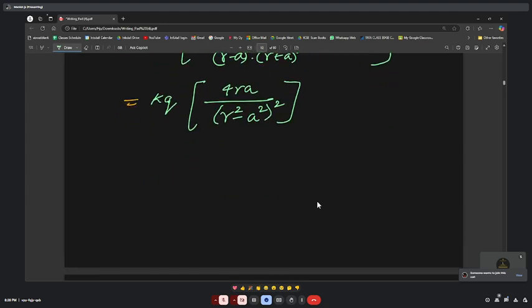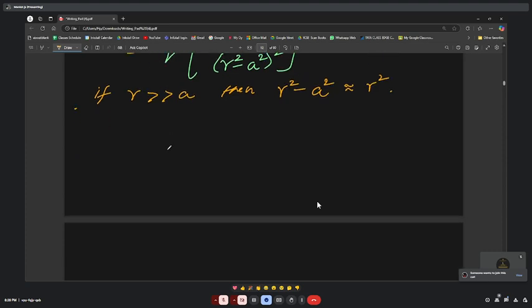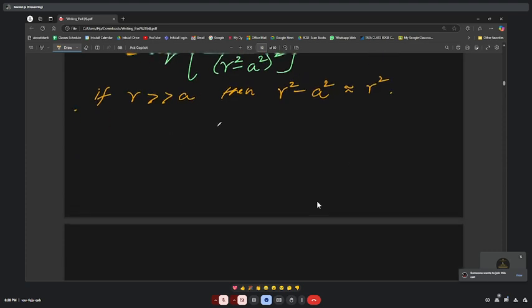Alright. So now here we go for an assumption, which is if R is much greater than A. That is, the length of point P to the midpoint of the dipole axis is much greater. If P is a point much away from the dipole, then this R squared minus A squared is approximated as R squared. If that length R is too big in comparison to the half length of the dipole axis, in that case you would write R squared minus A squared equal to R squared.